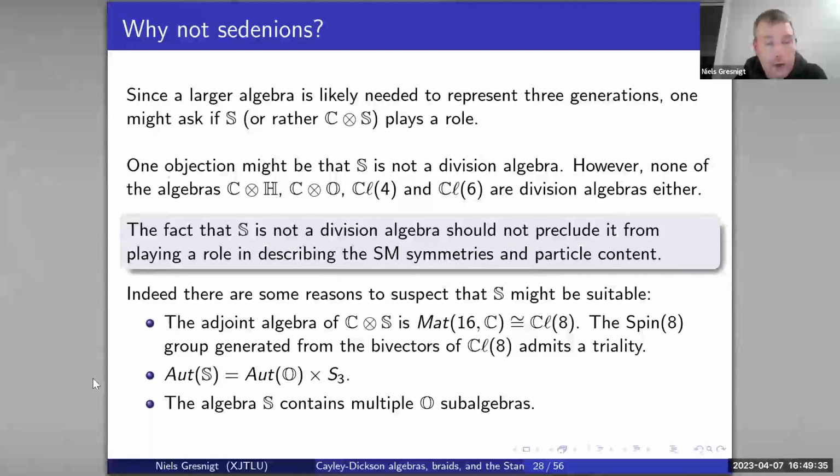The automorphisms of the Sedenions are the same as the automorphisms of the Octonions times a factor of S3. And finally, the algebra contains multiple Octonion subalgebras. So if we can find, in a nice way, say three Octonion subalgebras of the Sedenions, then perhaps it's possible to represent three generations.